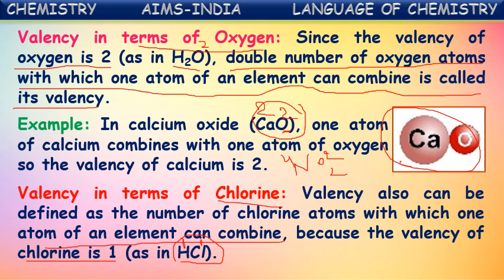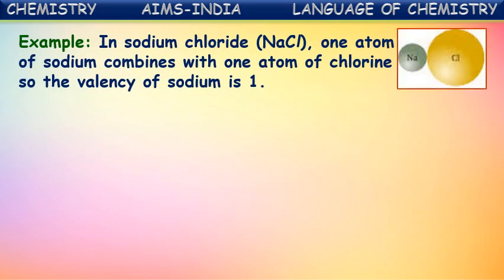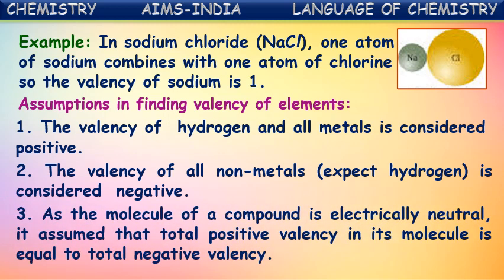Hydrogen's valency is 1, so it can combine with only one chlorine. So the valency of chlorine is also 1. Next, the example they have given is NaCl. Chlorine's valency is 1, that's why it is combining with only one sodium. Now here sodium's valency is also 1.